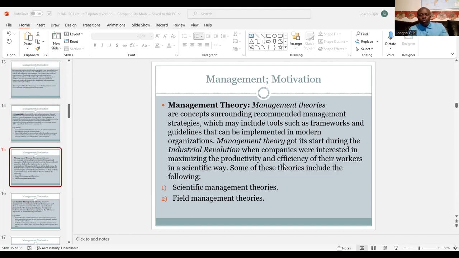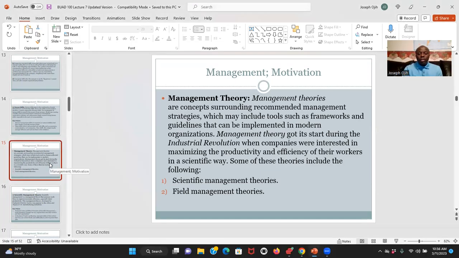So now, there are two major ones we'll be looking at here: the scientific management theories and then the field management theories. Let's start with the scientific management theory.